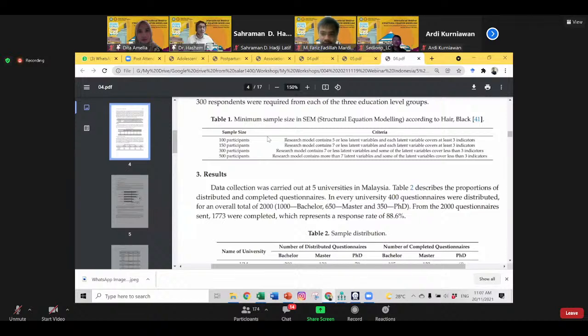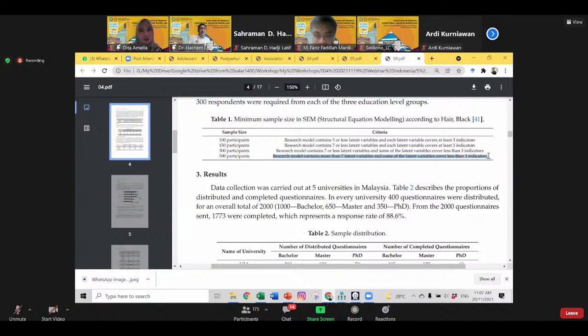You see, if you have 100 participants, the research model contains 5 or fewer latent variables, and each latent variable covers at least 3 indicators. For example, 500 participants are needed if you have more than 7 latent variables, and some of the latent variables cover fewer than 3 indicators.